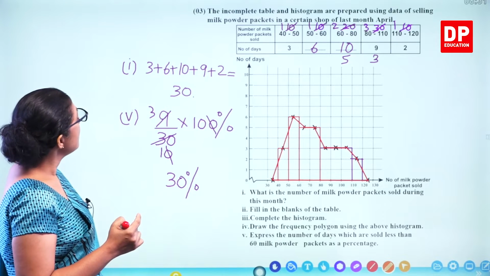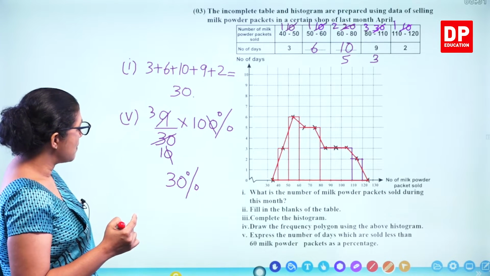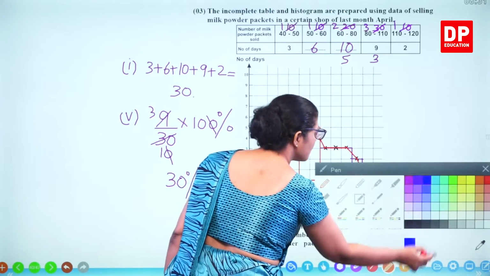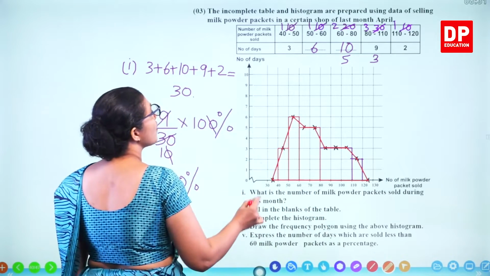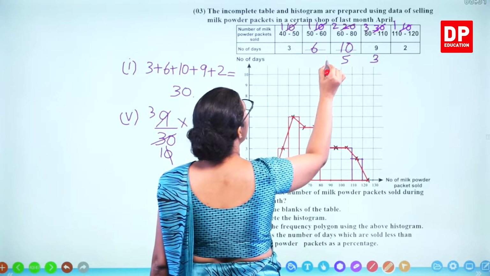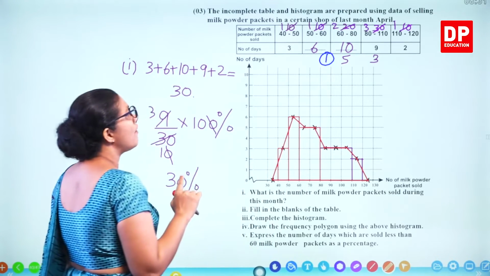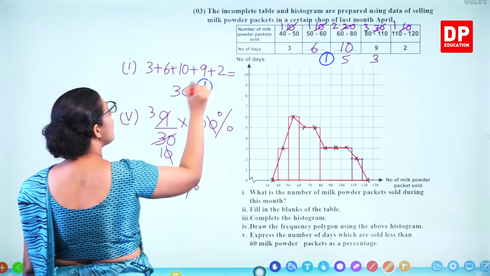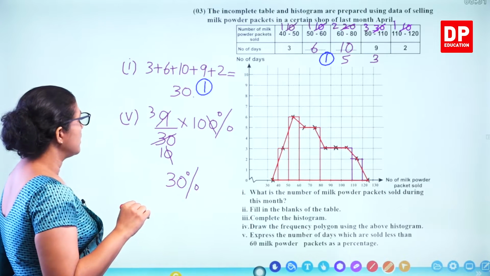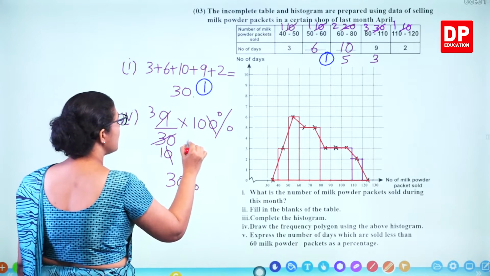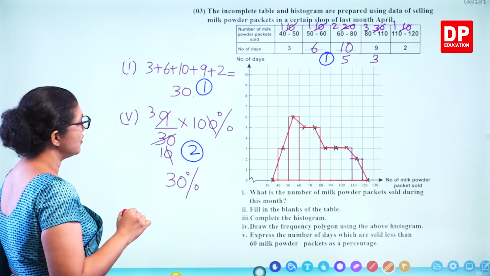So now we can give marks for all these parts. 5 parts are there. We'll give 1 mark for finding the frequencies and 1 mark for the total. And 2 marks for the last part, calculating values.